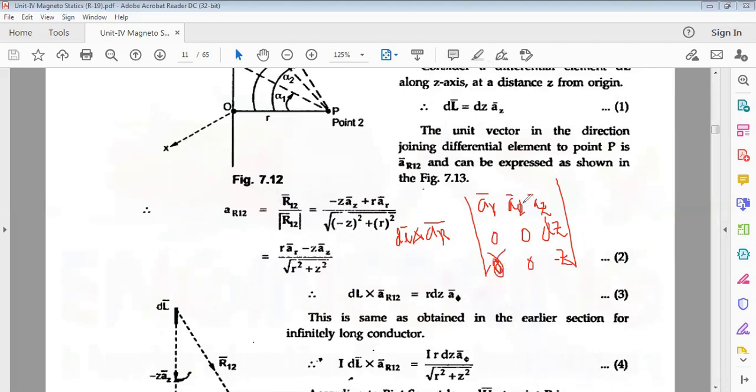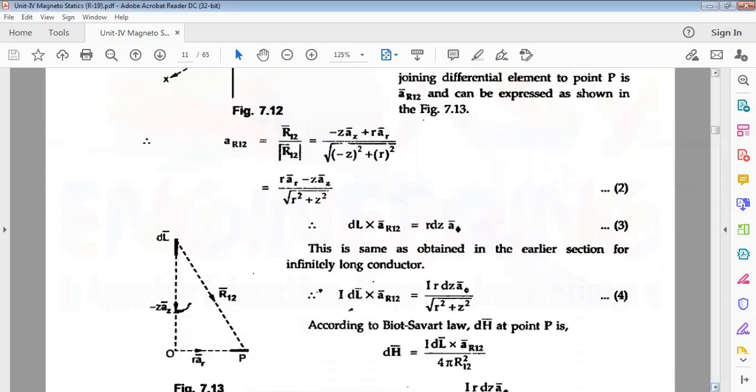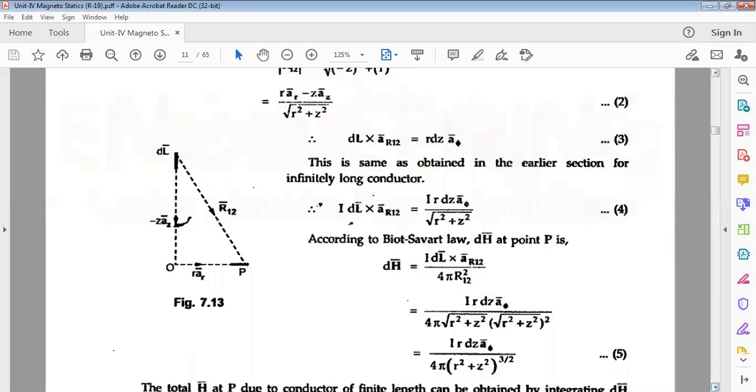Here the r is there, and we have only the a phi bar, that is minus a phi bar: 0 into z is 0, minus r into dz. So minus into minus is plus, r dz a phi bar is the cross product. So I dl bar cross ar bar is I r dz a phi bar over the square root of r square plus z square. Whatever we found for the infinite line, I dl bar cross ar bar is the same.